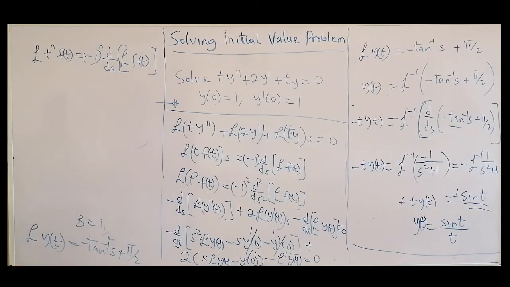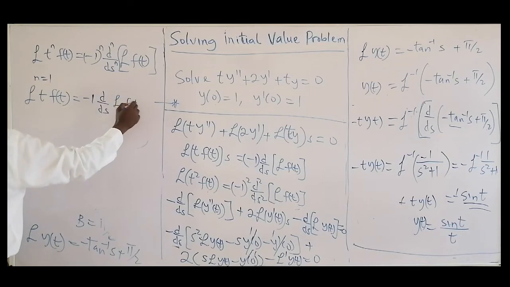So if you're now having Laplace of t f of t, in this case n is 1, so you have minus 1 times d dx of Laplace of f of t.